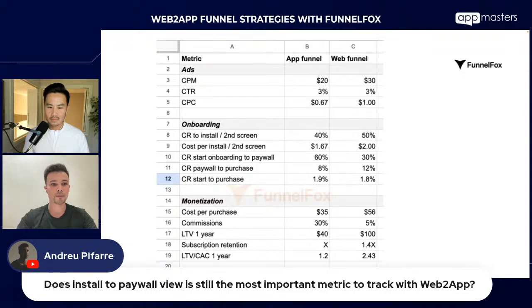So you need to optimize to increase your LTV and decrease your CPA. For example, you can have a good conversion from start quiz, start onboarding to Paywall, but it doesn't make sense if nobody purchases a subscription.